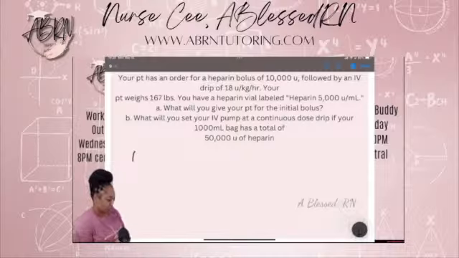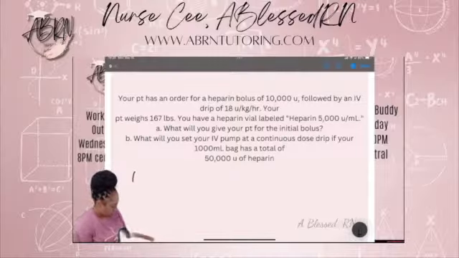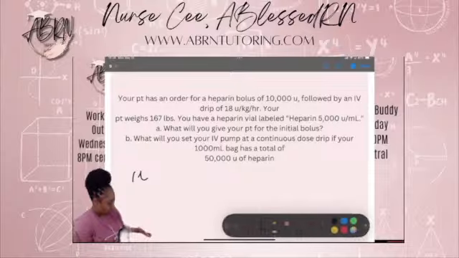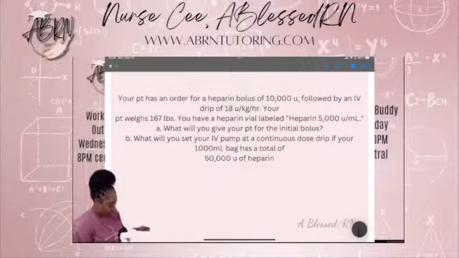So, for the bolus, I want to point out that your bolus amount is just a one-time administration of a medication or a fluid. When you see words like bolus, or things that you're not familiar with, I don't want you to freak out because you don't know what it is. You're going to administer your bolus one time, and that's it.